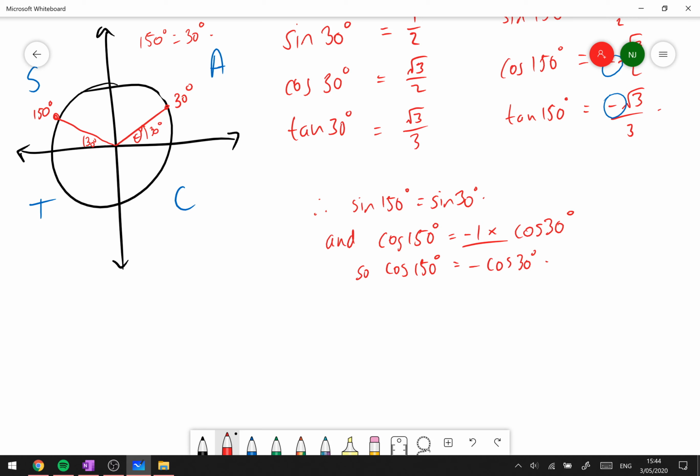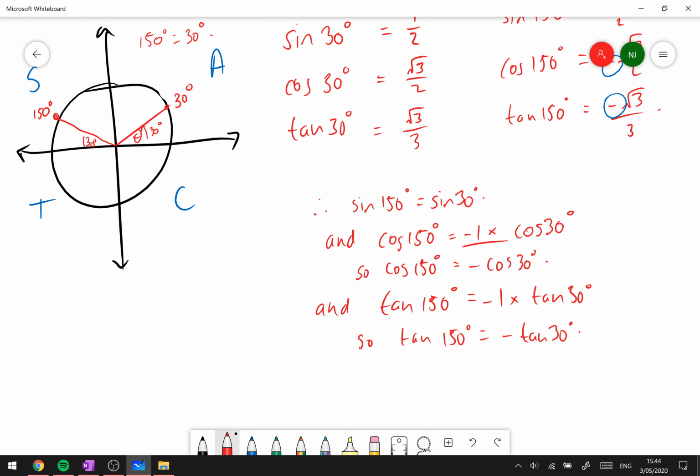We can work out those new ones by just changing it so that it is the negative of either 30, 45, or 60. And it's the same for tan as well. Tan of 150 degrees is equal to negative 1 lots of tan of 30 degrees. So tan of 150 degrees is equal to negative tan of 30.